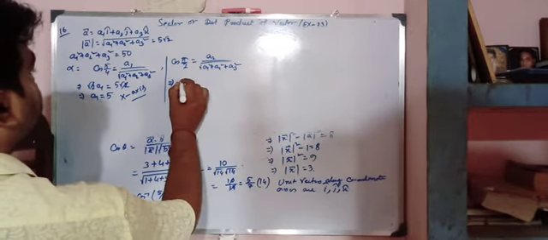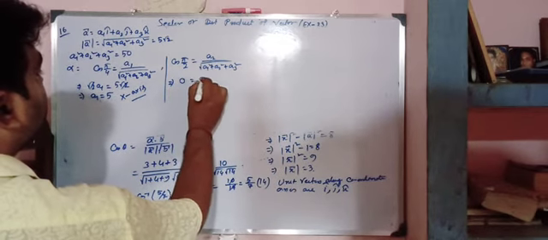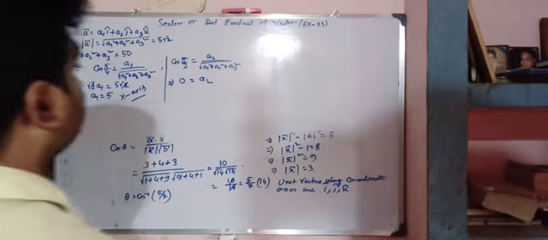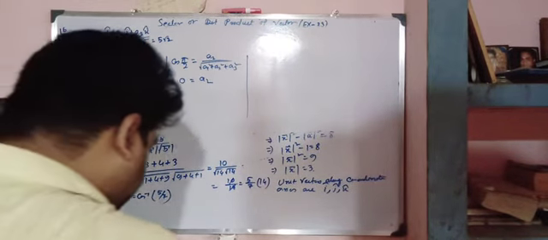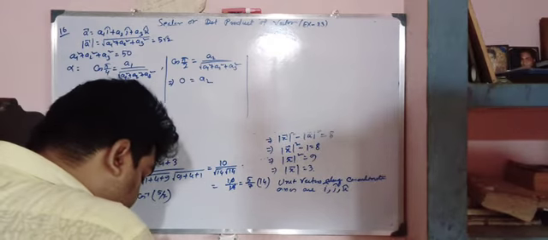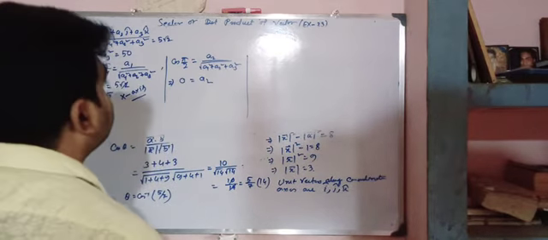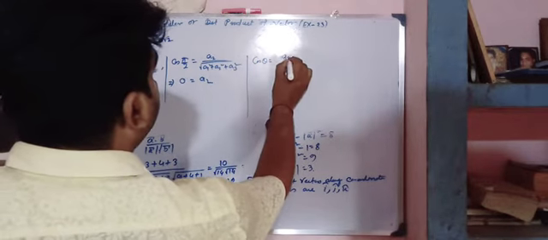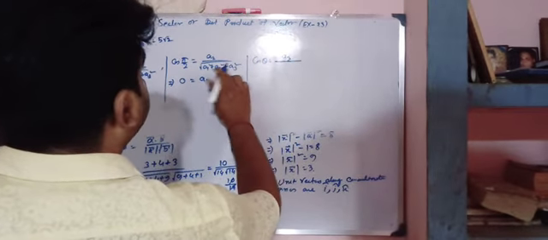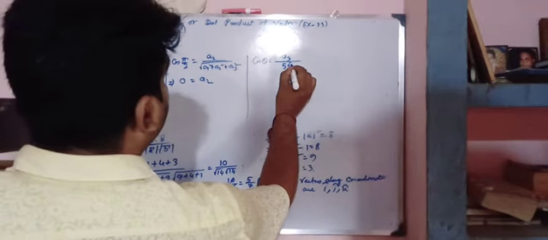Now this is equal to how much? 0. So A2 is equal to 0 here. And next, moving to another, it makes theta angle with the z axis. Now cos theta is equal to A3 by this value. This value is equal to how much? 5 root 2.